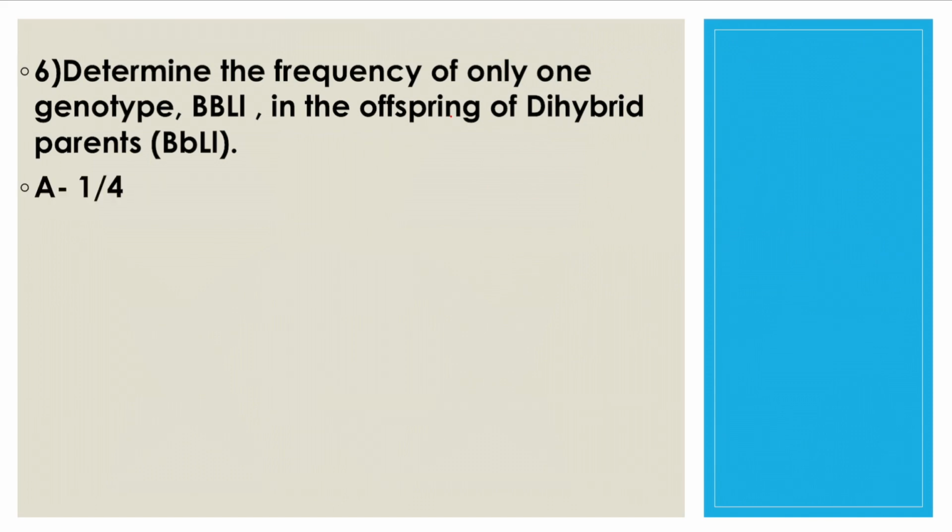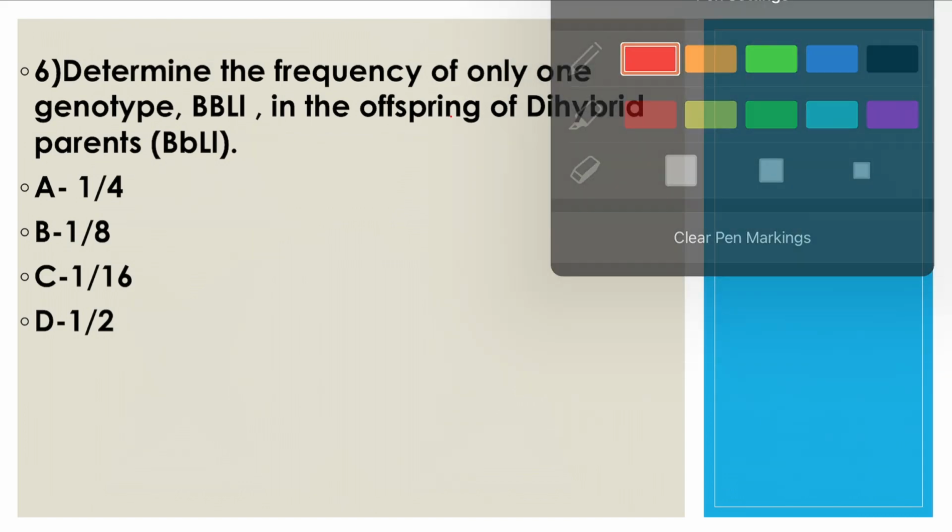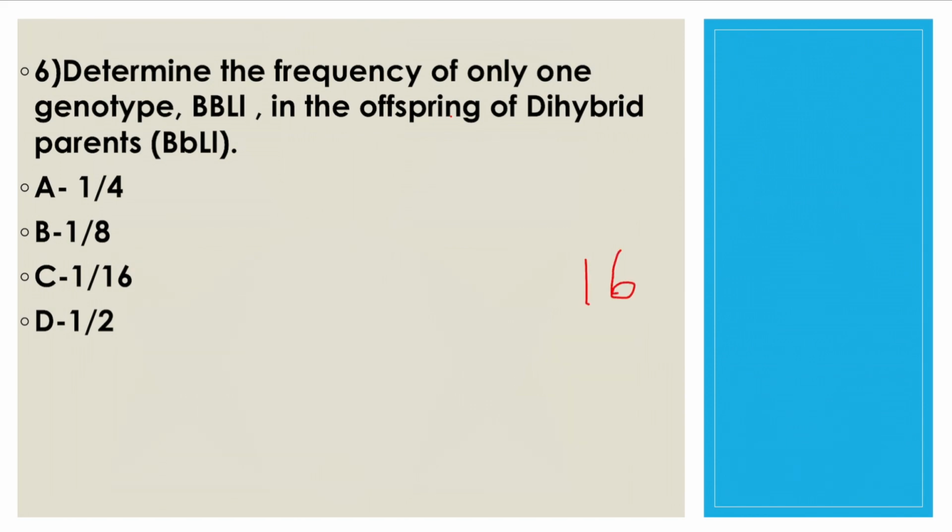See, so in the offspring of dihybrid parents, you know that in the dihybrid cross you have 16 types of genotypes, 16 individuals. So from 16 you will find 2.